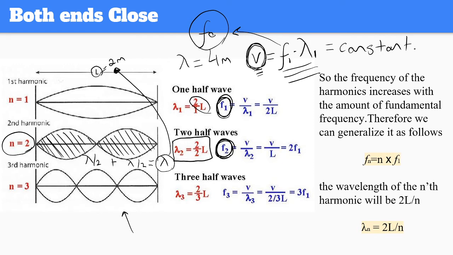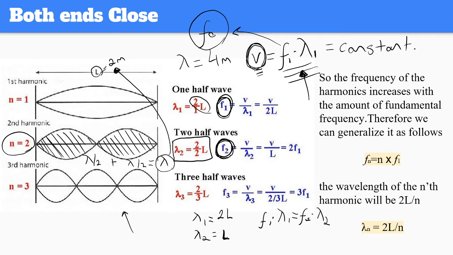The first one, lambda 1, is equal to 2L, and lambda 2, the second wavelength that I'm going to need for this, is just L. Let's visit this equation one more time. This is constant, we said. Then what does that mean? F1 times lambda 1 is equal to F2 times lambda 2.